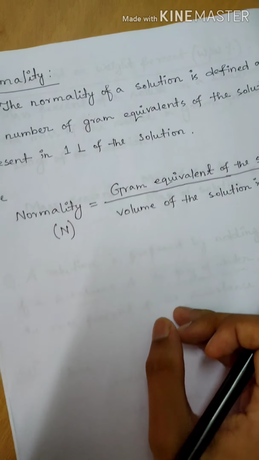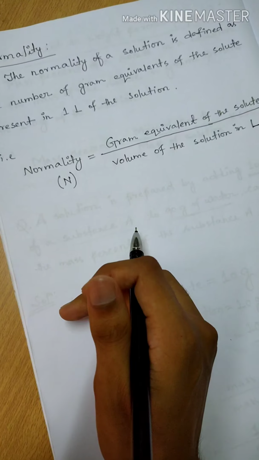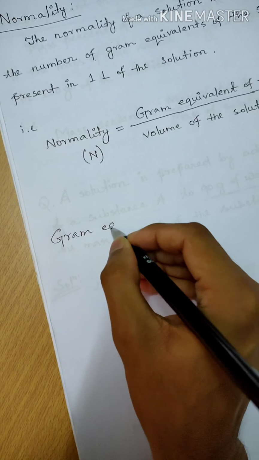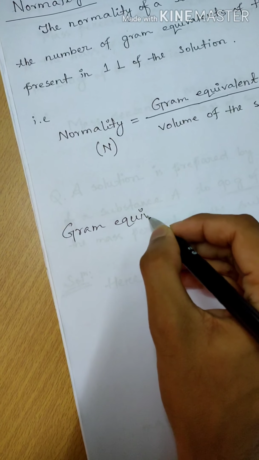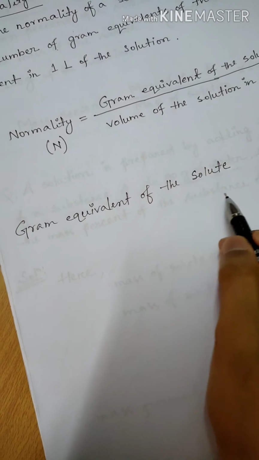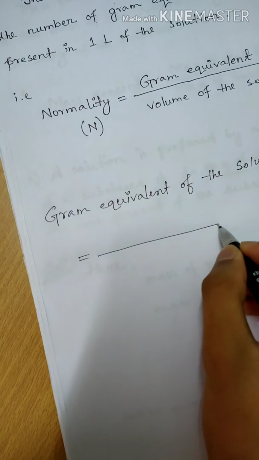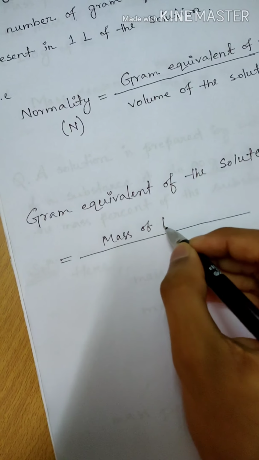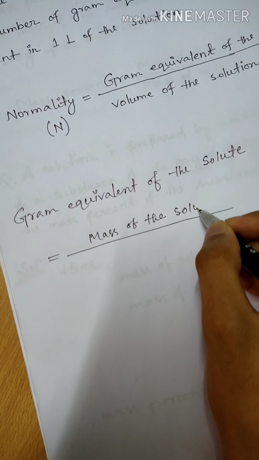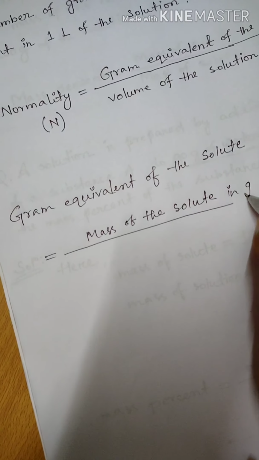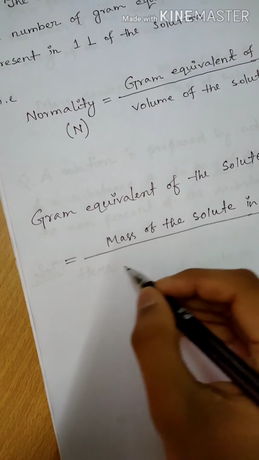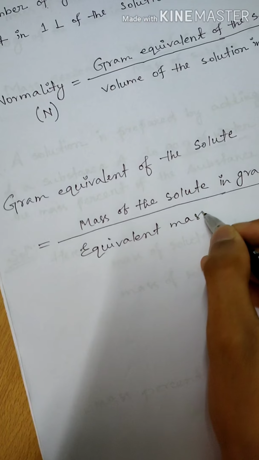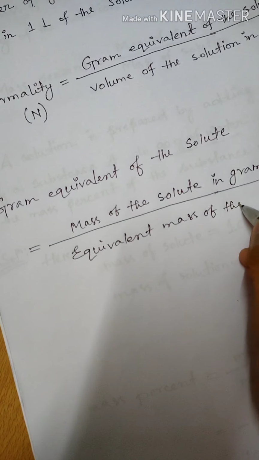So now see, gram equivalent of the solute is equal to mass of the solute in grams divided by equivalent mass of the solute.